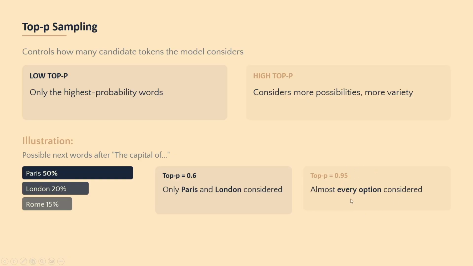Every option is considered. Suppose we give top P as 0.6, which is less compared to 1, it will take only the 50% and 20%, and give back the answer as Paris and London. If it is close to 1, it will give Paris, London and Rome. So, again it is based on the user, it would give back the answer.